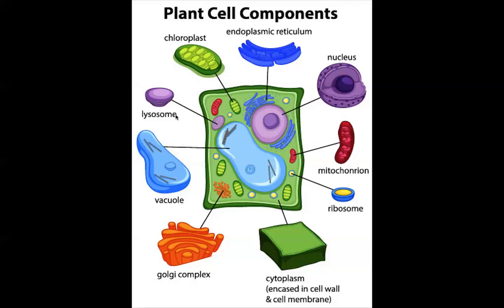So, those waste products usually go to the lysosome, which disposes them properly. And since it has a lot of digestive enzymes, it digests worn out organelles and foreign bodies such as viruses and bacteria in the cell.